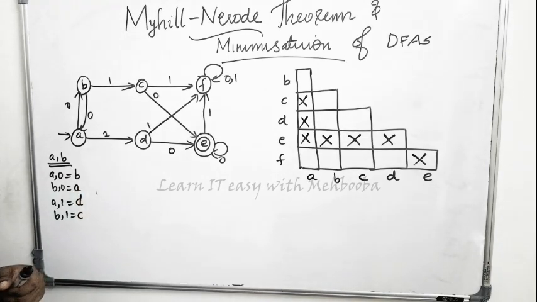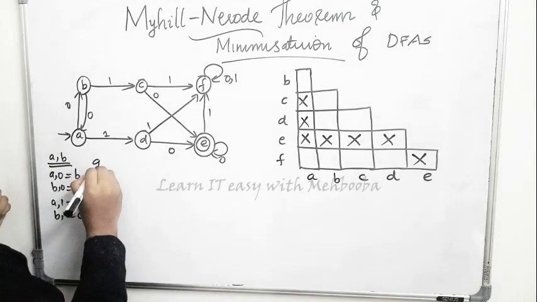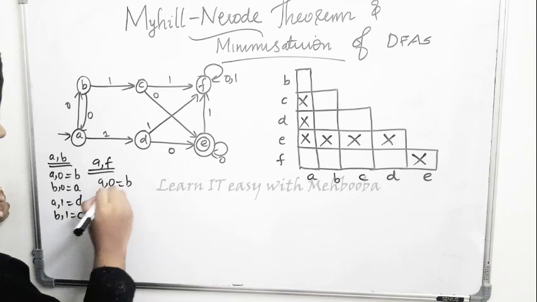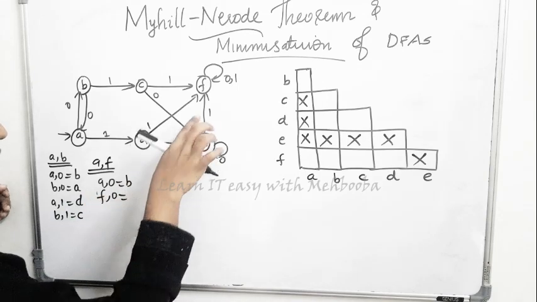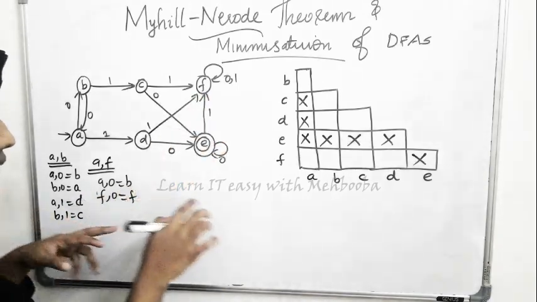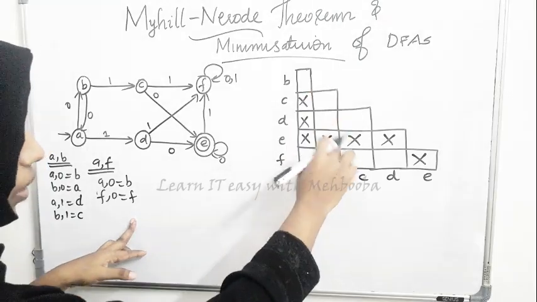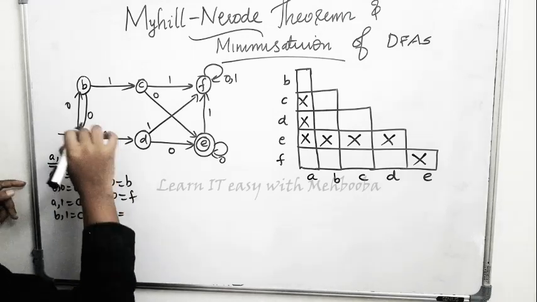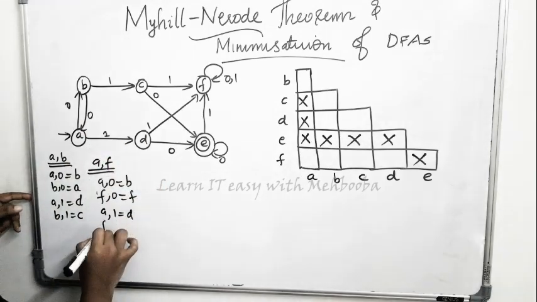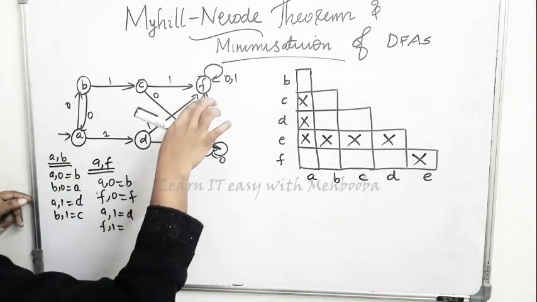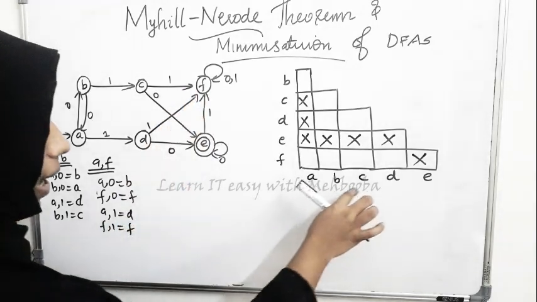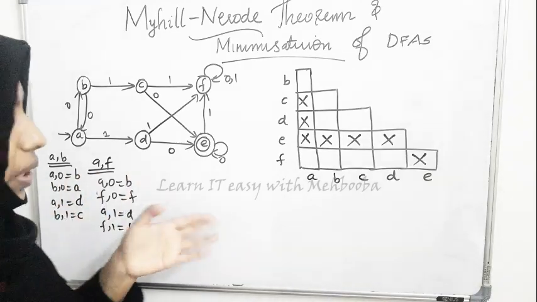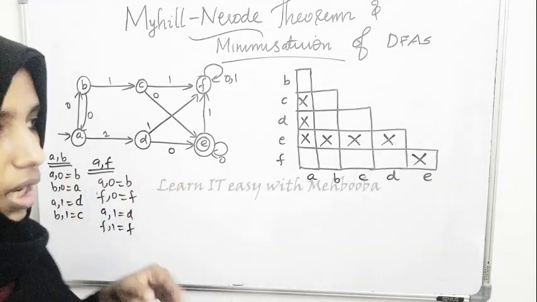Now we will check the next state AF. So A comma 0 goes to B and F comma 0 goes to F itself. So BF has not been marked yet. So continue. For the next input A comma 1 goes to D and F comma 1 goes to F itself. DF has not been marked yet. So you have to keep this AF because we can't take a decision for the time being.